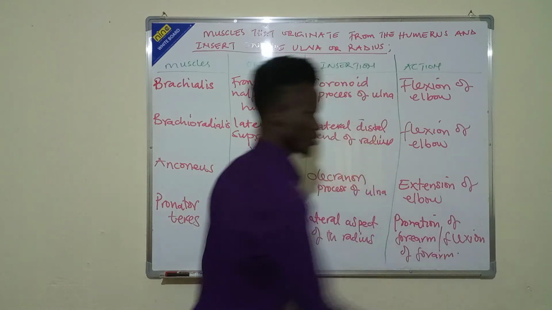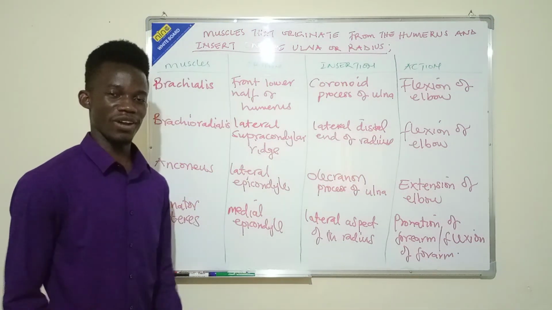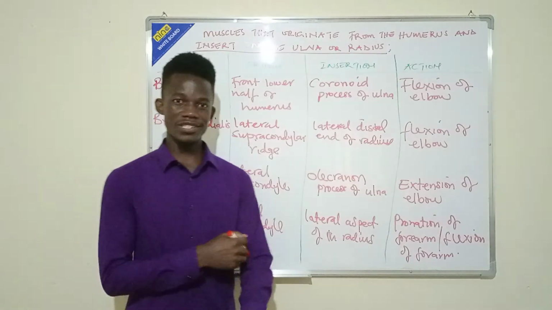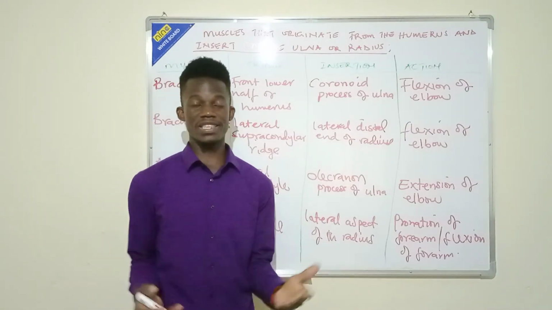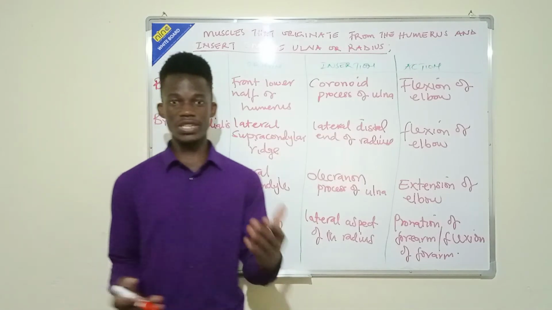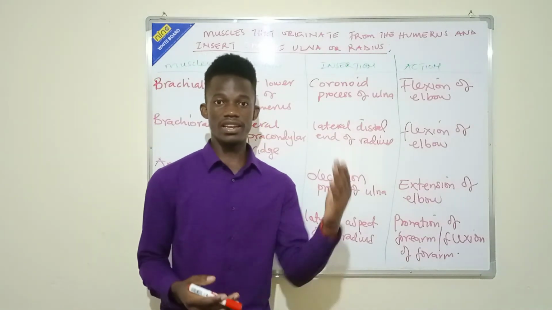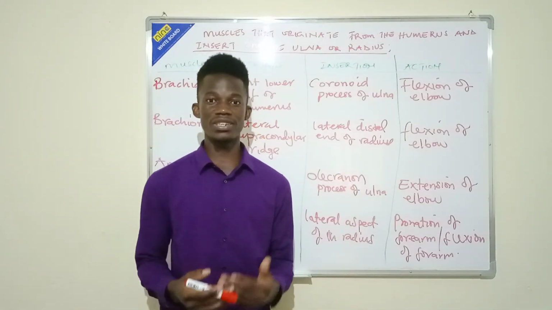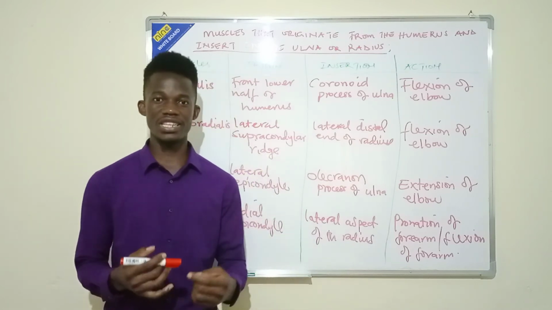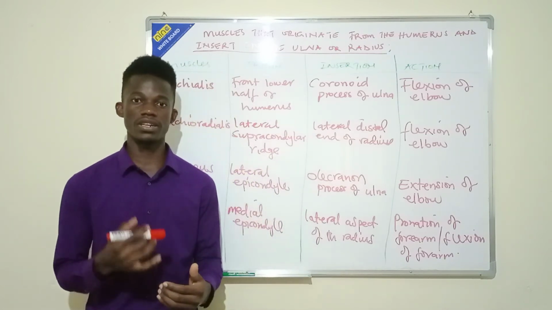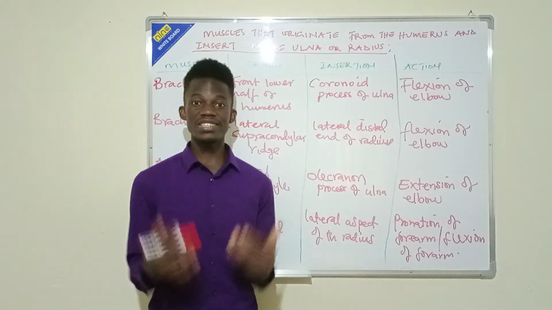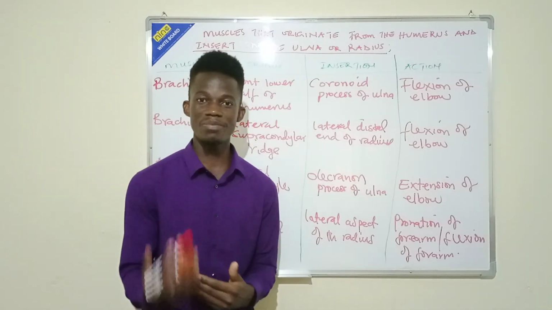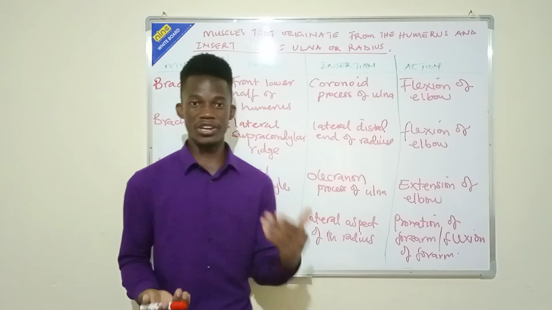Now there are two muscles that we are leaving out in all our episodes, and that's the biceps and the triceps. The triceps has its lateral and medial heads originating from the humerus, then the other head originating from the infraglenoid tubercle of the scapula. But it does not insert onto the humerus.